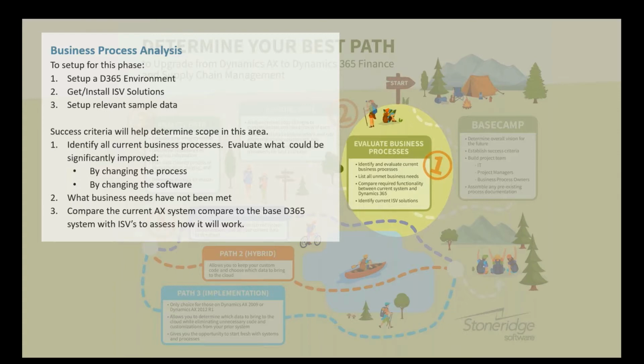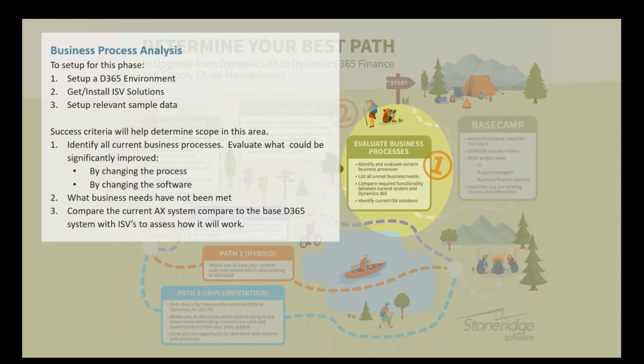So that success criteria that we talked about earlier drives what we're drilling down into in those particular business processes. For example, if you're using fixed assets and right now you're a manufacturer and you have machines that you want to manage repairs for and things of that nature, well, that might be a process that could be significantly improved, because we have a full enterprise asset management capability now within Dynamics 365.